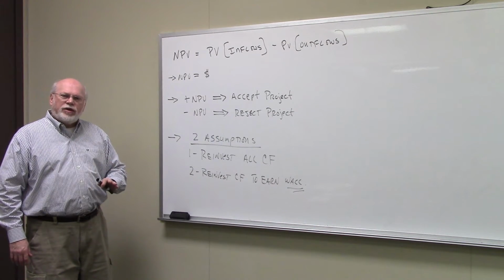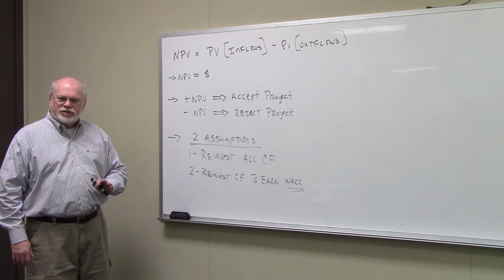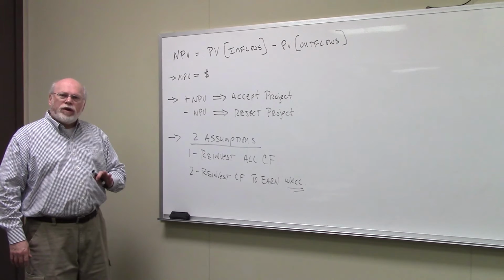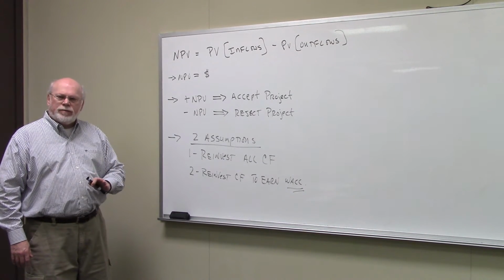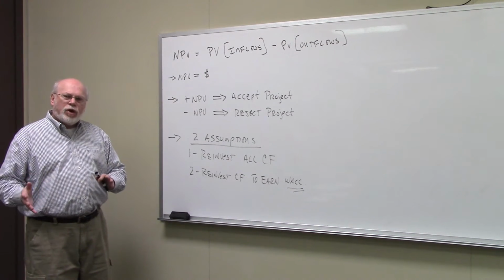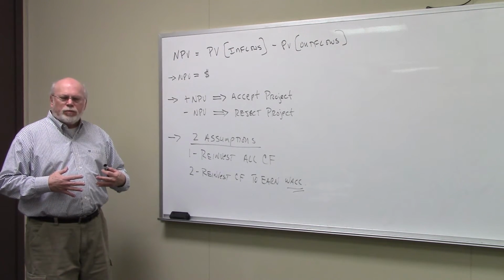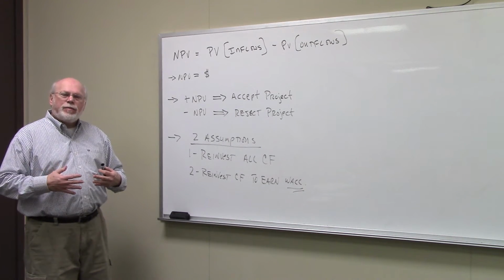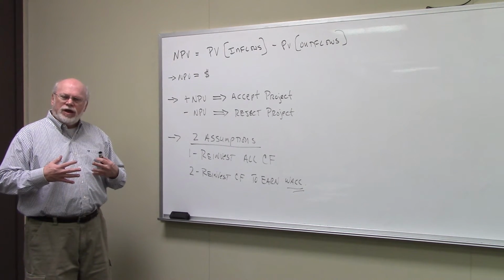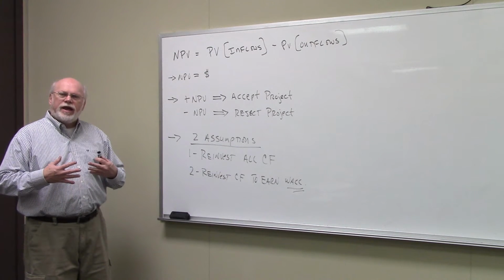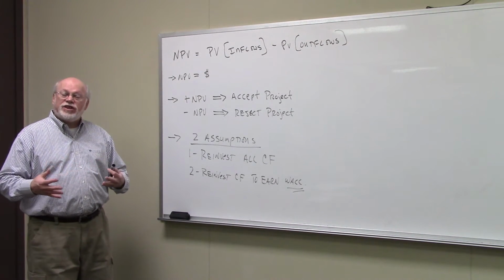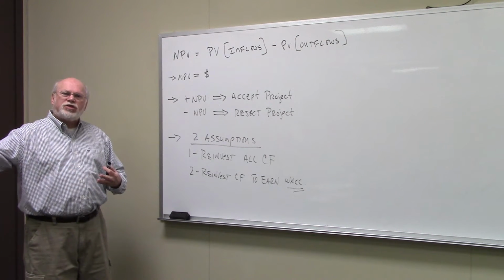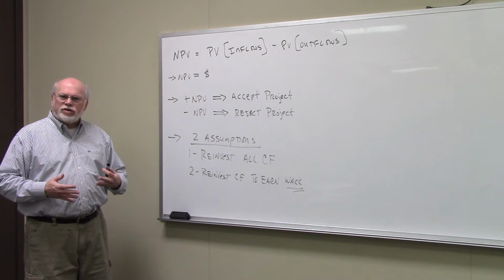Now, with net present value, there are 2 key assumptions that we make. One assumption is that all cash flows are reinvested. This means that if you had a project that was going to produce cash inflows of $20,000 a year for 10 years, one of the key assumptions to accepting that project and expecting the positive net present value to occur is that you would have to reinvest that $20,000 every year for 10 years.